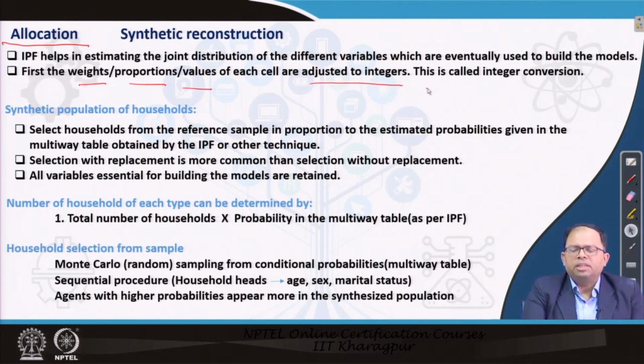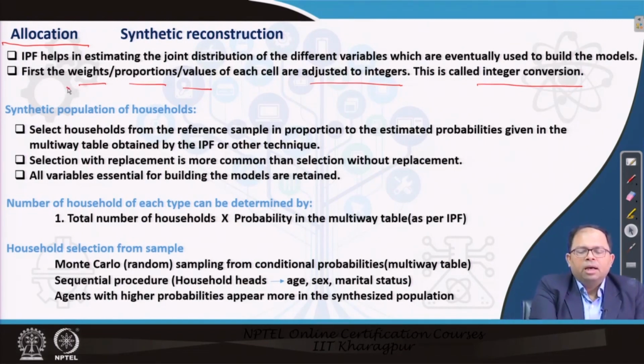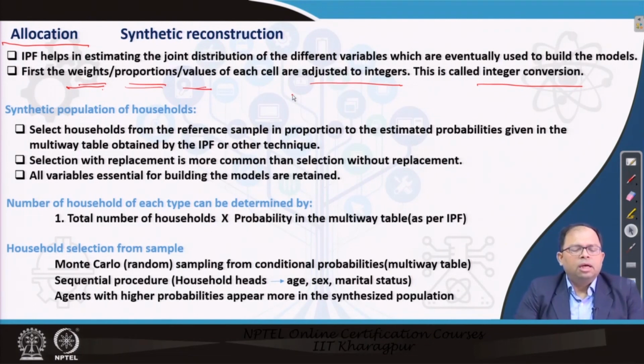I already explained this process is called integerization or integer conversion, and there may be some problems arising because of rounding up. First we need to determine the weights or proportion or values for each of those cells, that means for each of the demographic groups, and then using this data we can create a synthetic population of households or individuals also. So let us assume we are doing it for households, then we first need to select households from the reference sample in the sample list.